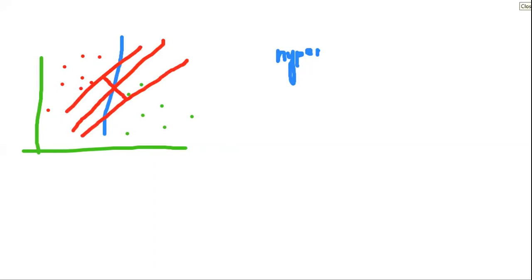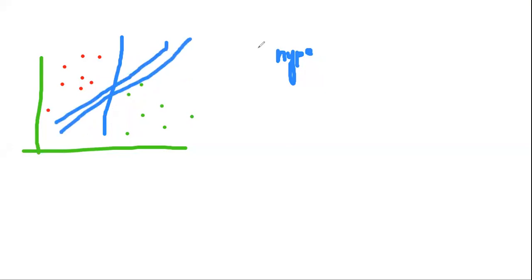I told you it will work very well with linearly separable data as well as linearly non-separable data. Let us assume I take linearly non-separable data.